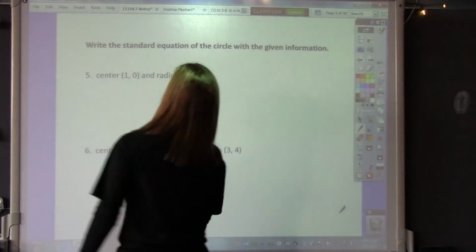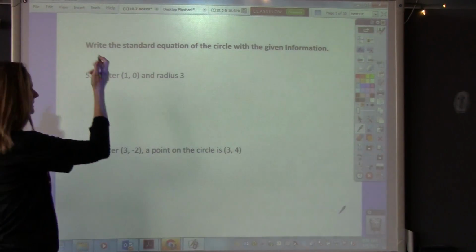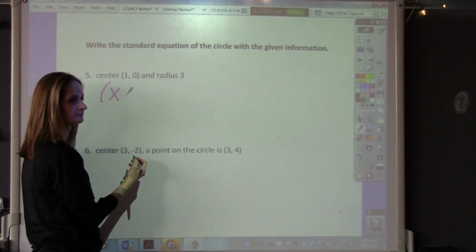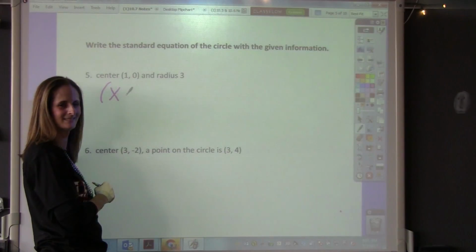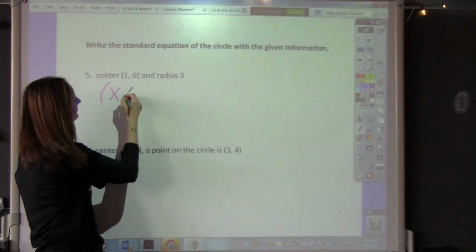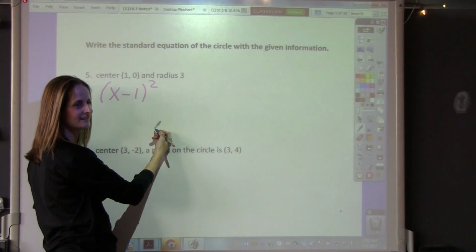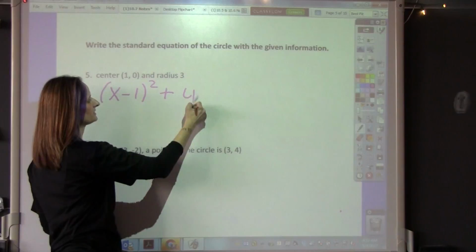All right. Write the standard equation of the circle with the given information. So what should I do here? X minus 1 squared, and then y minus 0 squared. Is it okay if I just write y squared?